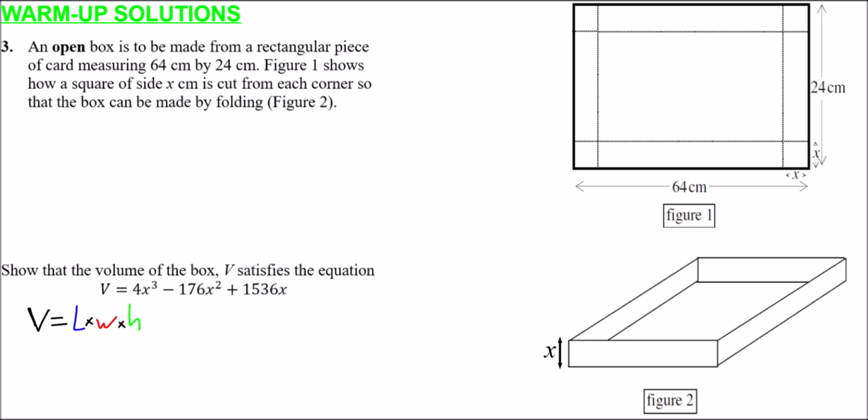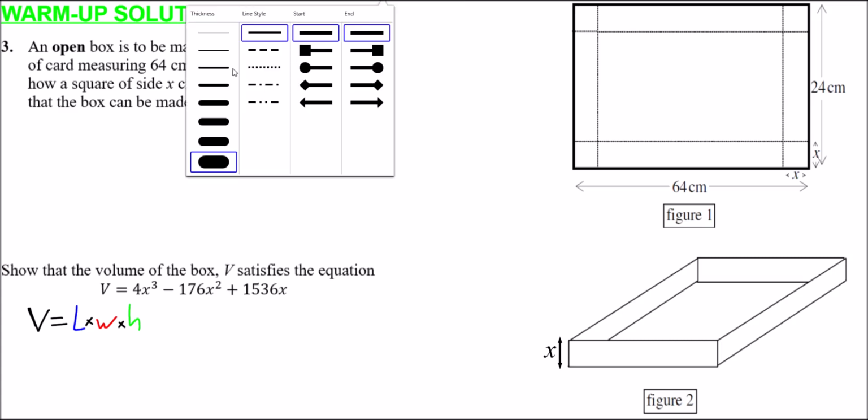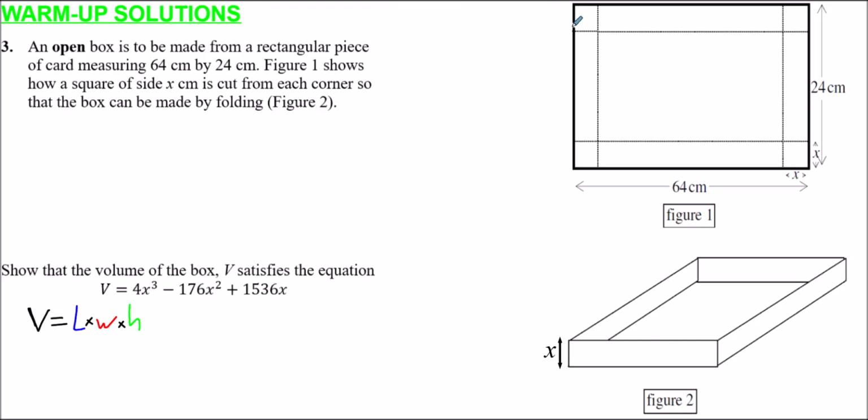So we need to imagine these corners being cut away. I'll just illustrate this, because it might make it clearer for you. Those corners are going to be cut away like so, and the final one, same deal.